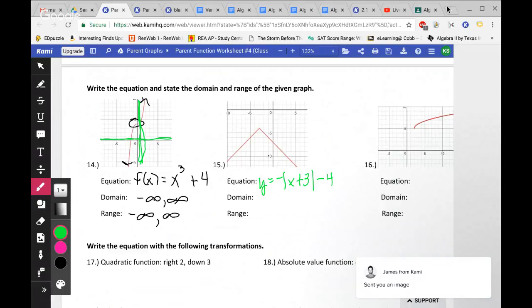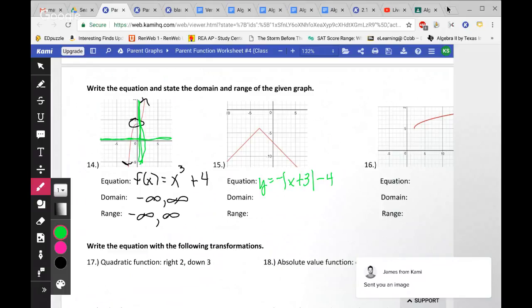Let's talk about the domain and range. So the domain, that's dealing with the x's. What do you think about that? Would it be negative 4 to negative infinity?